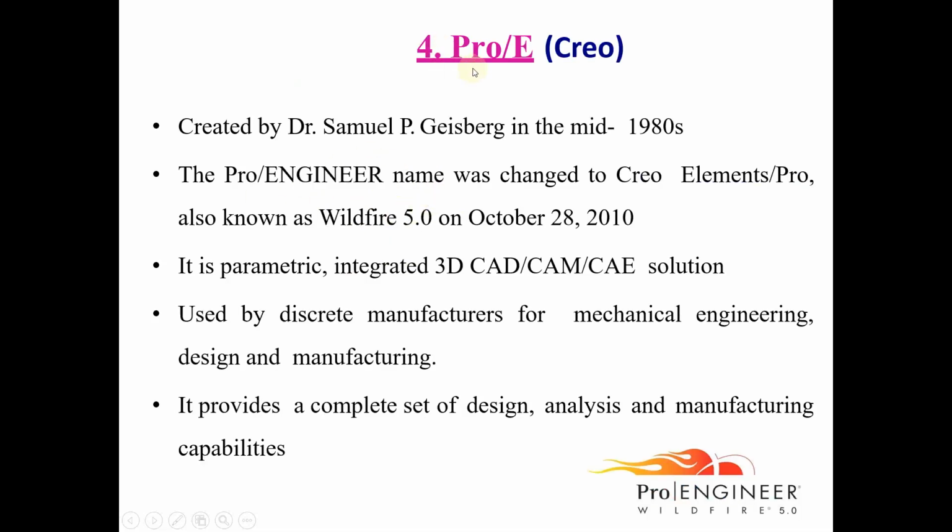Then another popularly used three-dimensional modeling software is ProE. It was earlier known as ProE, and later on the name was changed to Creo Elements. So you might have heard of this name, it is very popular. Creo, also known as Wildfire 5.0.